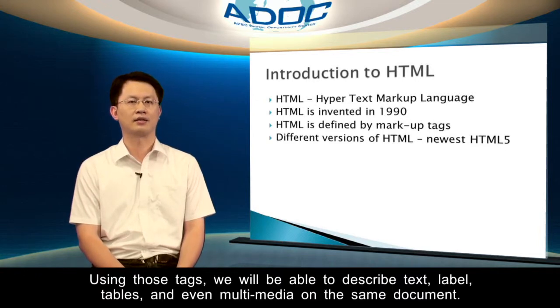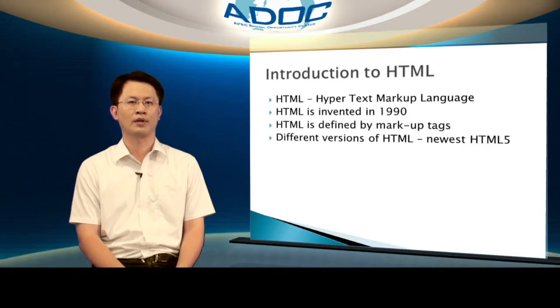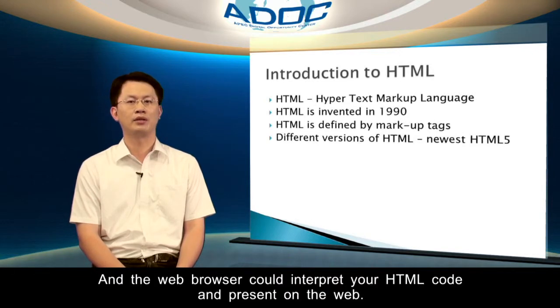Using those tags, we will be able to describe text, labels, tables, and even multimedia in the same document. And the web browsers can interpret your HTML code and present it on the web.